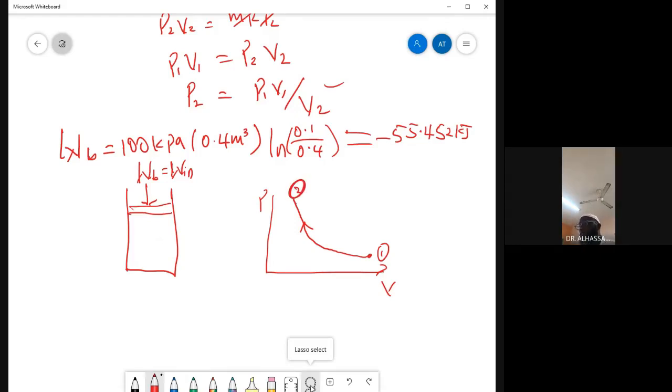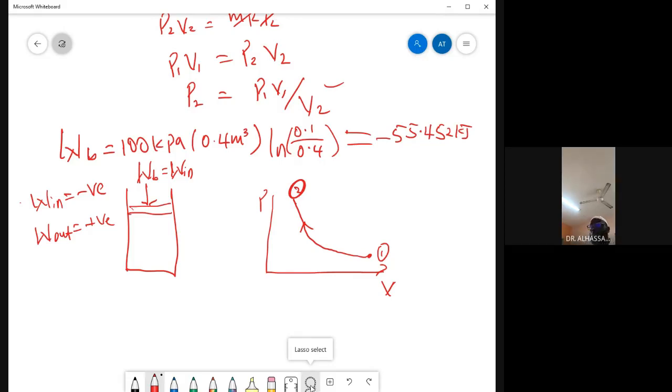You understand me? Whenever you compress an ideal gas or any fluid, the sign convention is such that W in is always a negative quantity. And whenever you have W out, it is always a positive quantity.